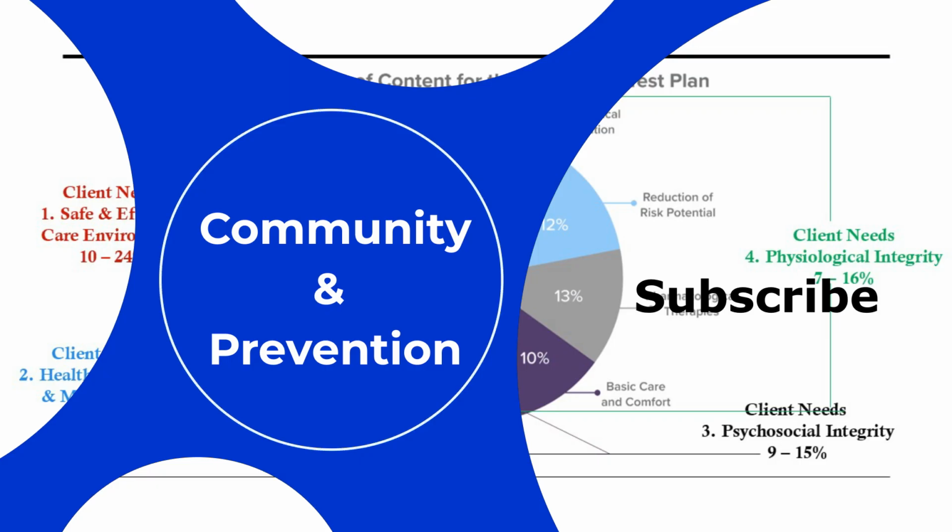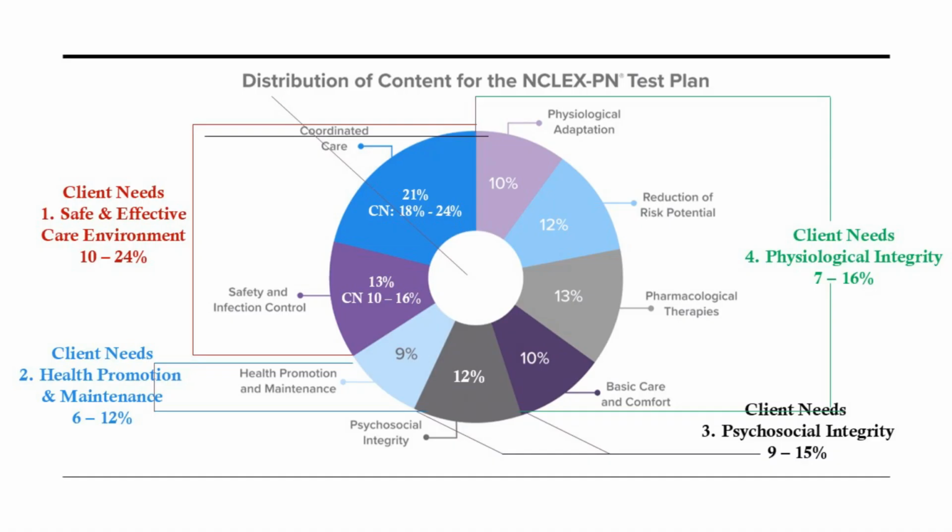Community nursing and preventative medicine. Your client needs will have 6 to 12% of your questions dealing with your actions with your client, and 9% of those questions will deal with actual content.